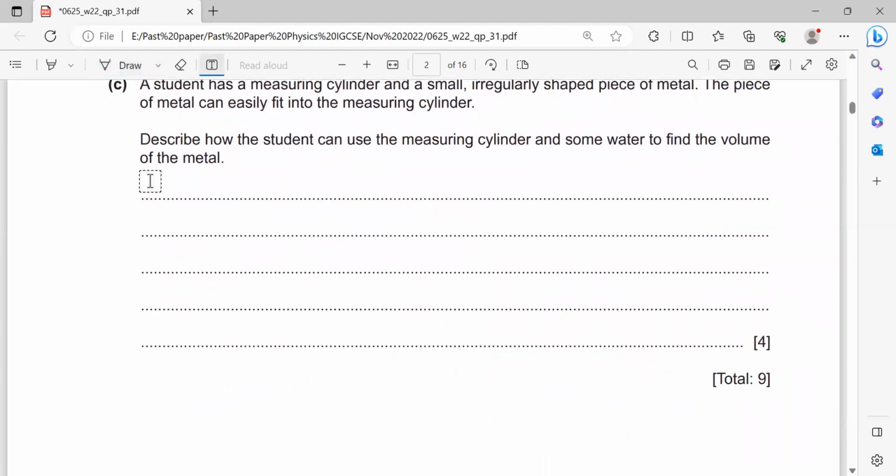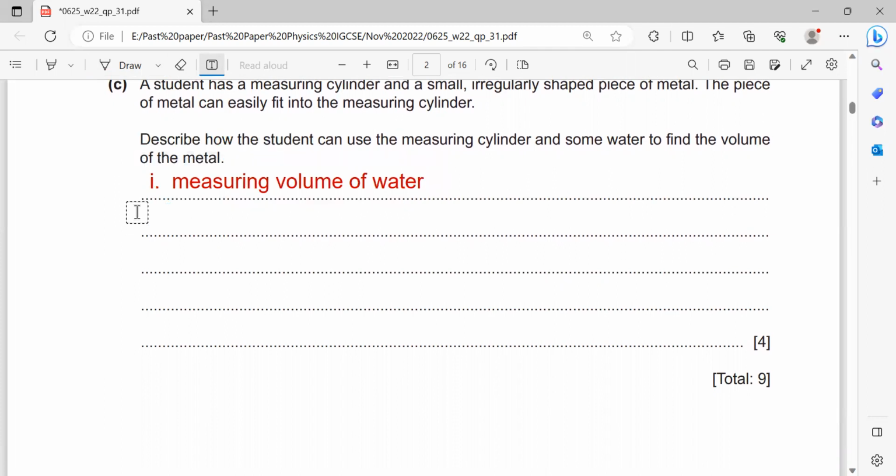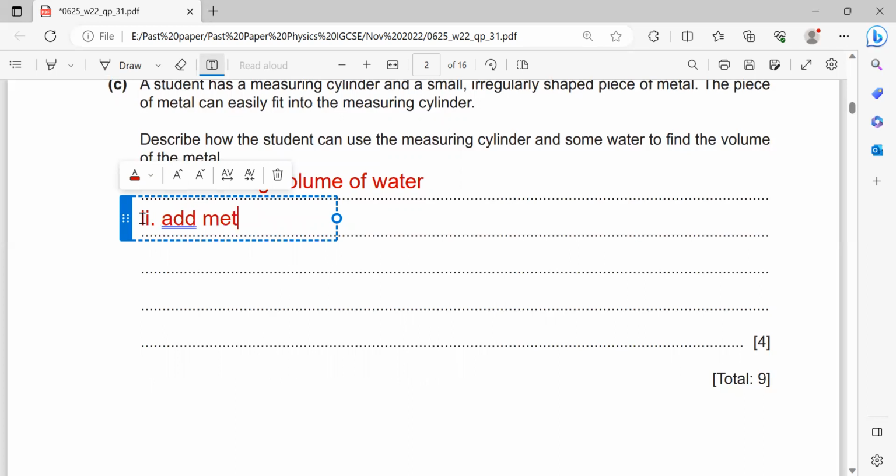It means the first step, measuring the volume of water first. And afterwards, we should add the metal inside the measuring cylinder.